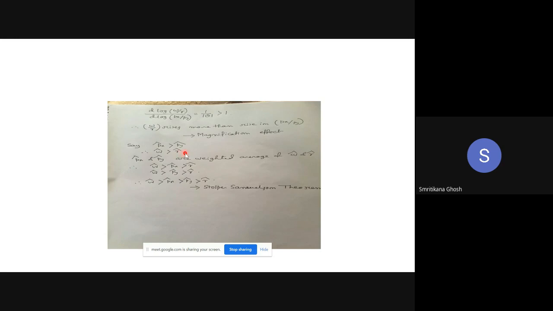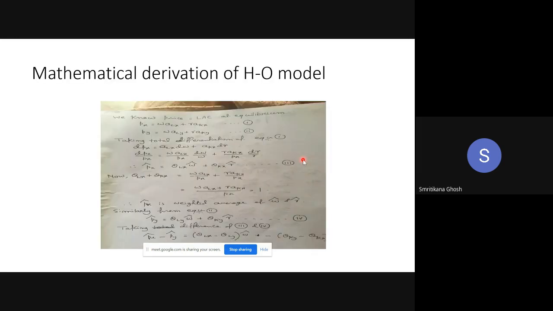Now, as Px hat and Py hat both are the weighted average of W hat and R hat, look here. Px hat is the weighted average of W hat and R hat. Similarly, Py hat is the weighted average of W hat and R hat. So it's an average value.